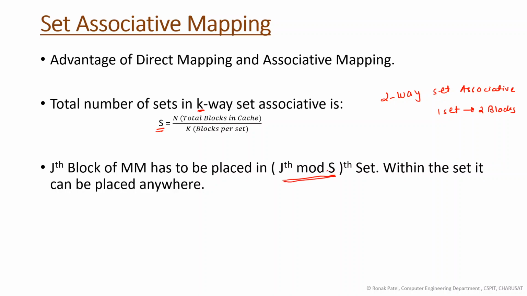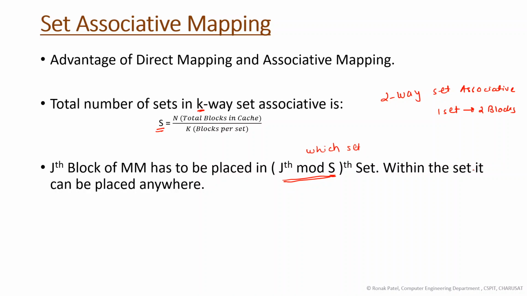In direct mapping, we were performing it on N, the blocks of cache. But now we are performing it on sets. This way you will find out which set.